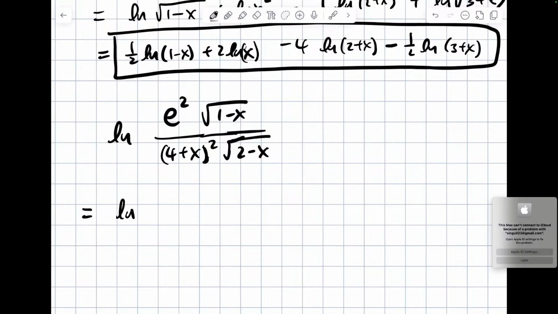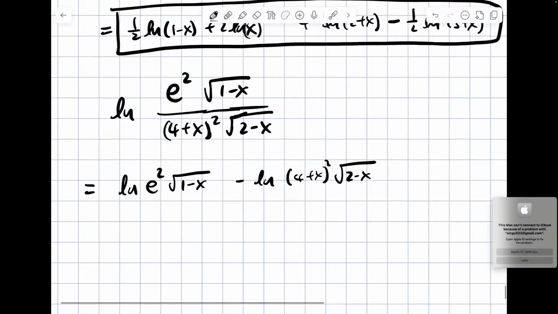I will expand this by, this is division, so it'll be e squared and then square root 1 minus x, so this still times minus ln of 4 plus x squared times 2 minus x. So now I have two separate ln.